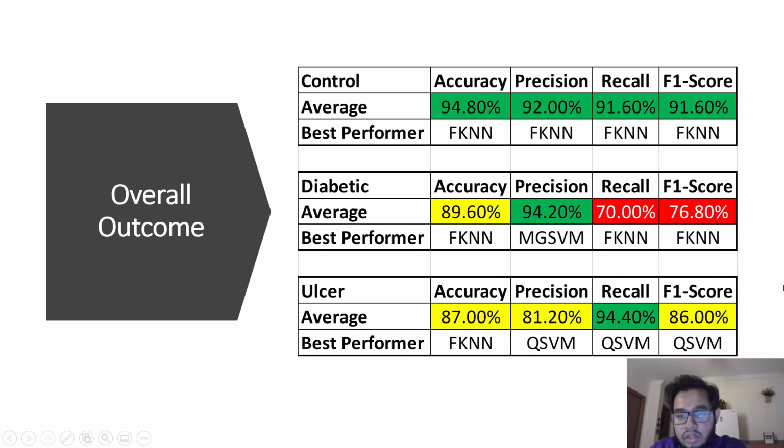And for ulcer, overall the performance was medium, but FKNN, the fine K nearest neighbor, was the winner or second place all the time. It seems like a suitable algorithm for our case. Why diabetic is giving lower performance, we'll explain later in the conclusion section.